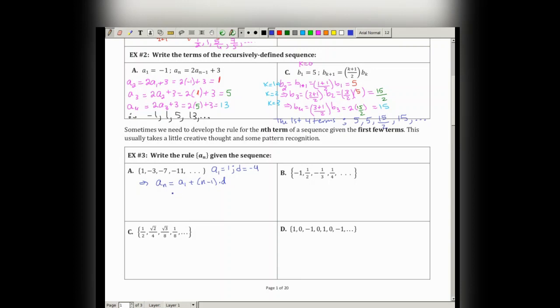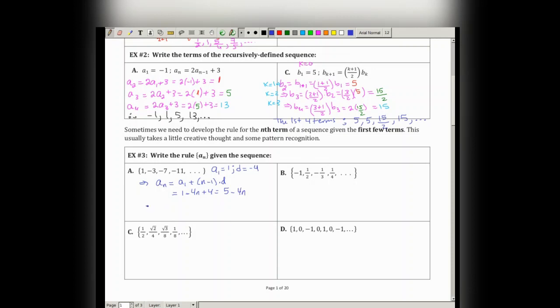We have a sub 1, which is 1, plus -4 times n, and then -4 times -1. So minus 4n, and -4 times -1, so plus 4. So it looks like 5 minus 4n.